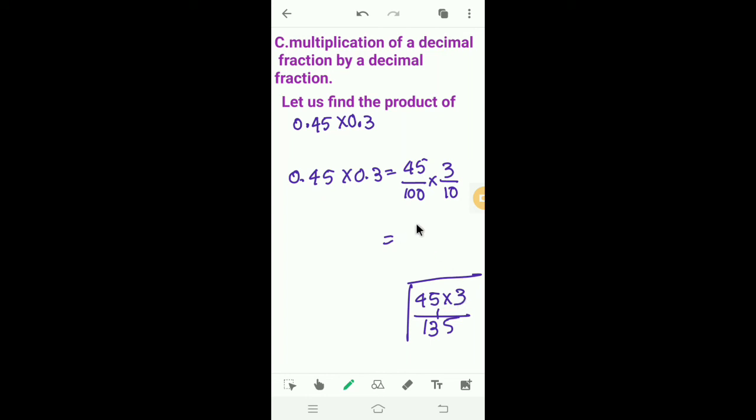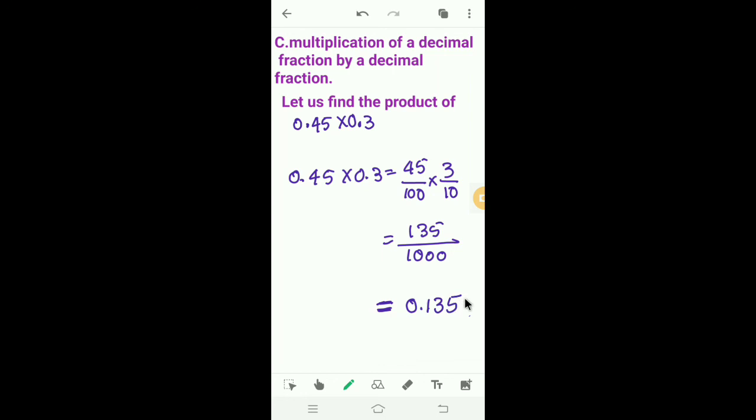So 45 into 3 is equal to 135. 100 into 10 is equal to 1000. Next we have to write 135 by 1000.